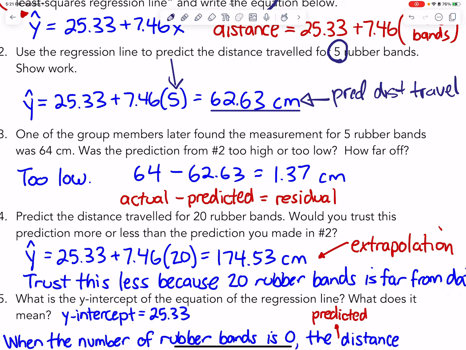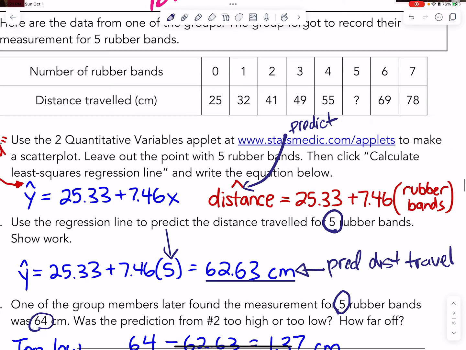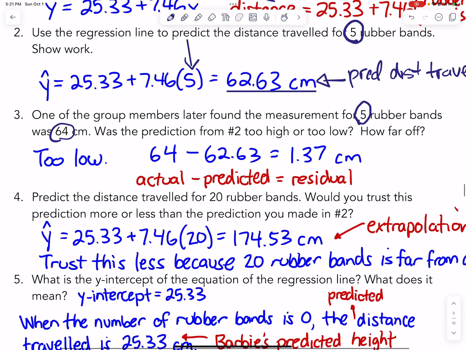One of the group members later found a measurement for 5 rubber bands, and they said, oh, wait a minute, it's actually 64. So I'd go back up here and put this in, and say this I know is 64. We predicted it to be 62.63, and obviously our prediction's too low.